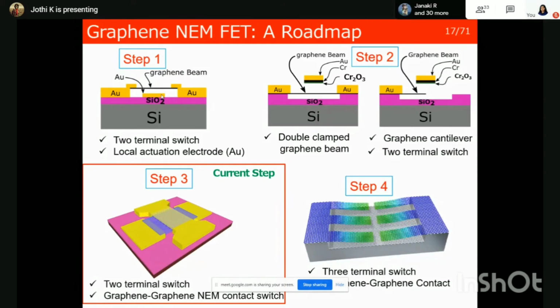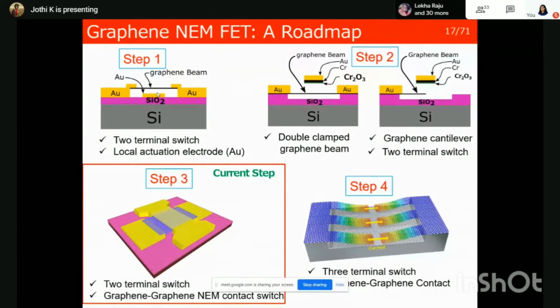bearing step number one. For step number one, we achieved the device and produced results, but we encountered a very drastic problem. You can say this is the graphene beam, and here is the gold electrode. We use the gold electrode to pull the hanging graphene beam.